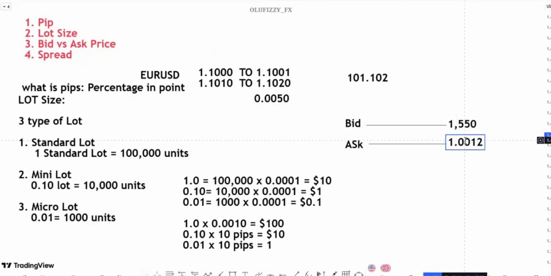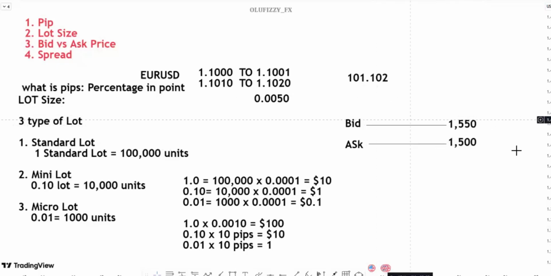While this one here is 1,500. So if you want to buy, you can buy at this price. You can buy from them at this 1,550, then they will give you $1.